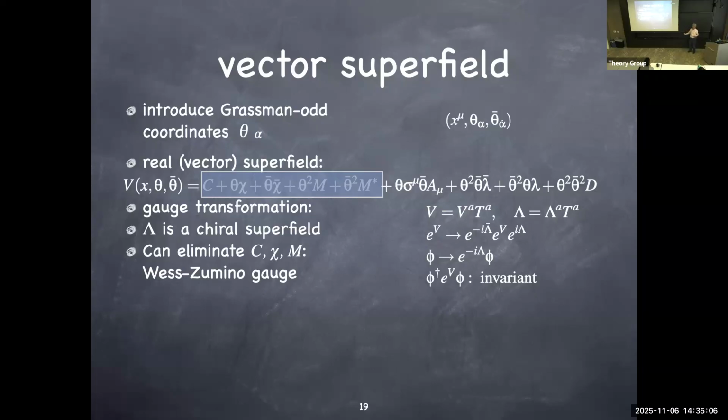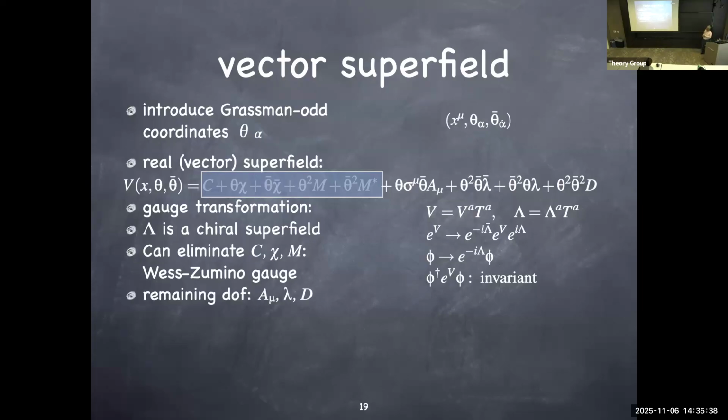So these are the ingredients you can use to write down your Lagrangian. And to really implement the gauge invariance, this V has to be summed up with all the gauge generators. And they actually transform in this particular way. And this lambda is a gauge parameter, which by itself is a chiral superfield, so that you can eliminate all of these components I mentioned earlier and end up with only the physical components you need for the purpose.